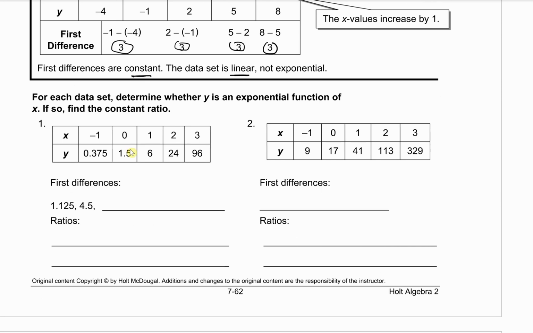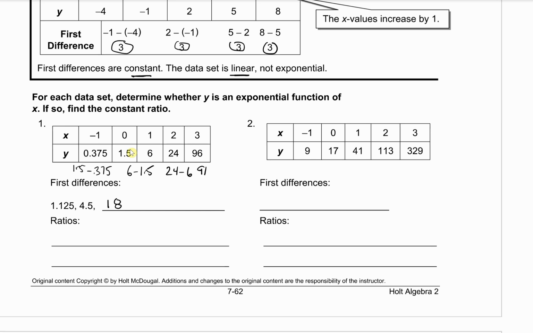So let's take a look at this table here. We've got our x's going up by 1. We're going to look at our differences. 1.5 minus 0.75, or 0.75, I should say, 0.375. And then I'm going to do 6 minus 1.5. So we got 4.5. Then 24 minus 6, that is 18.